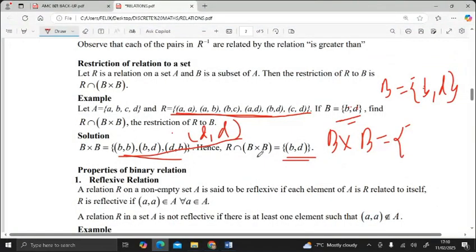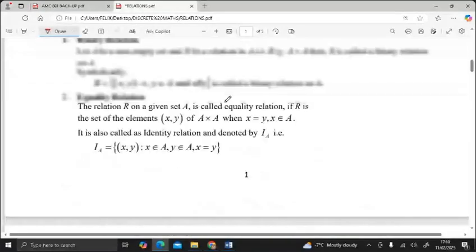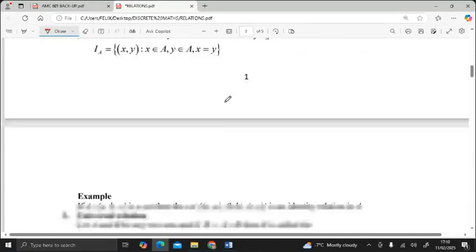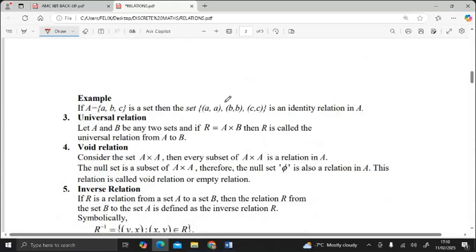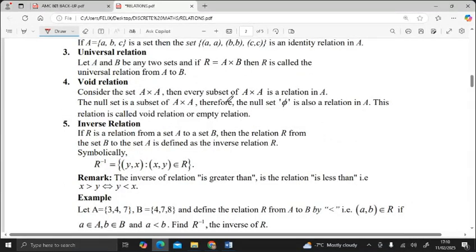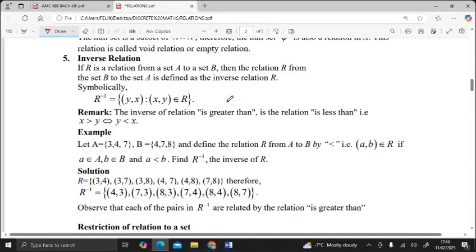So as you can see, last time we talked about types of relations, and these are the ones that we talked about. We talked about binary relation, equality relation, universal relation, void relation, or rather what we call the empty relation, or null relation at times, inverse relation.